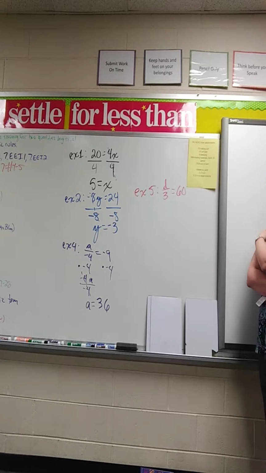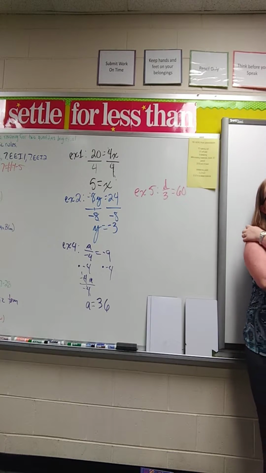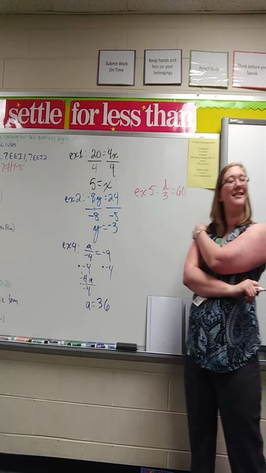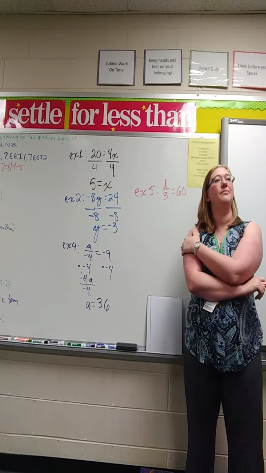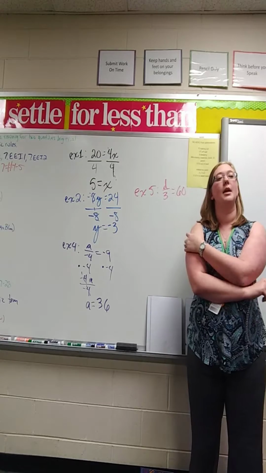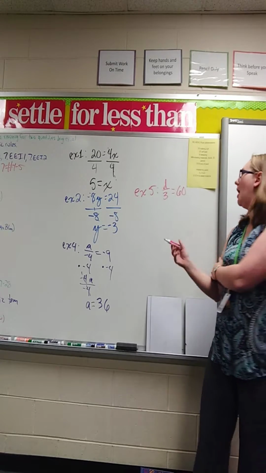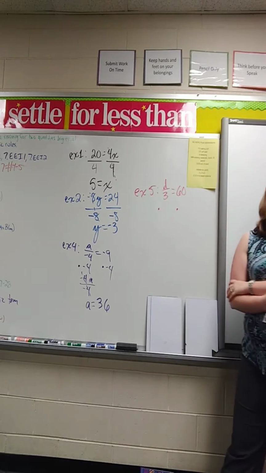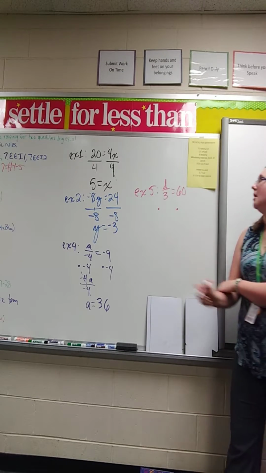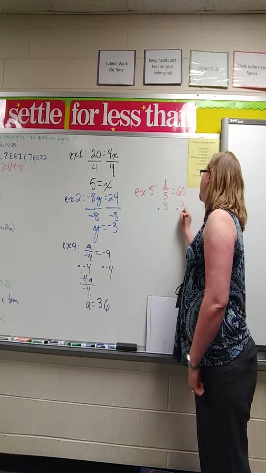So you're trying to give me an answer, but my question was, what do I do? So your answer may be right, it's just not to the correct question. Yes, ma'am. I multiply. What do I multiply by on both sides? 3. Multiply by 3 on both sides.